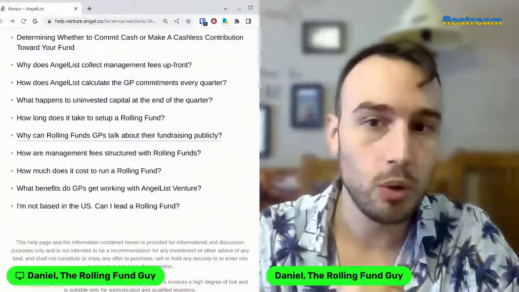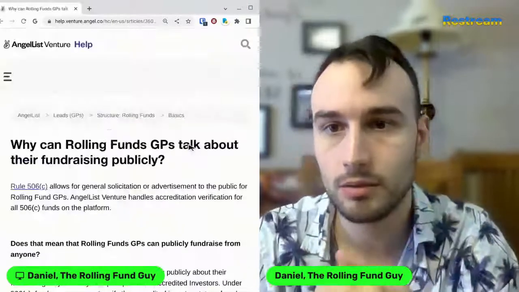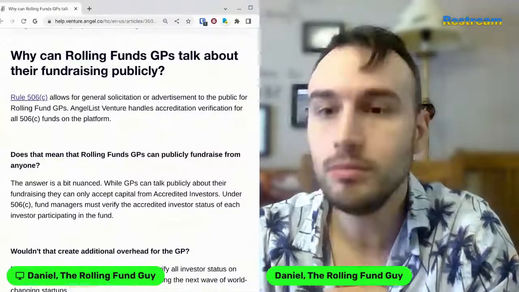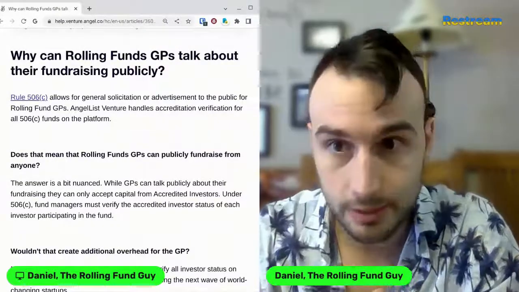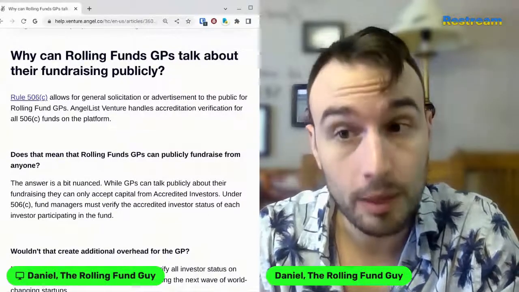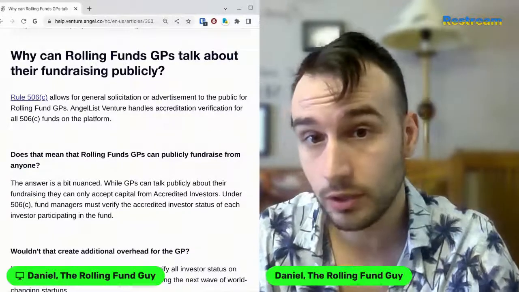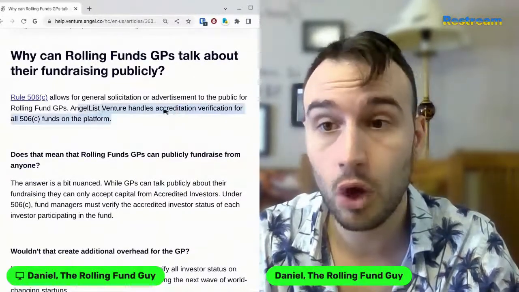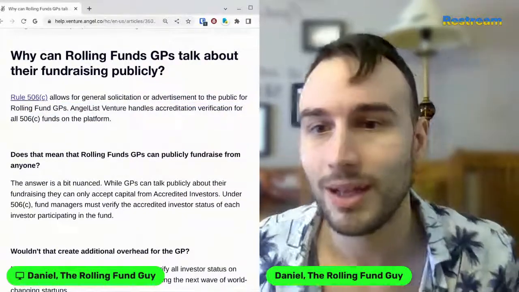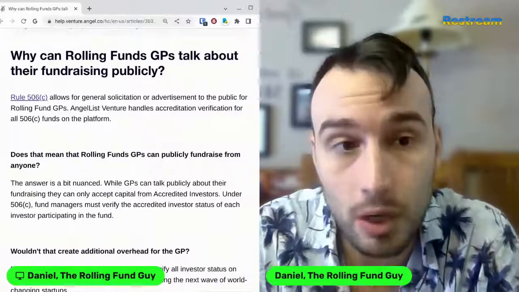Why can rolling fund GPs talk about their fundraising publicly? Rule 506C, under Regulation D, allows for general solicitation or advertisement to the public for rolling fund GPs. AngelList Venture handles accreditation verification for all 506C funds on the platform. Does that mean that rolling fund GPs can publicly fundraise from anyone?